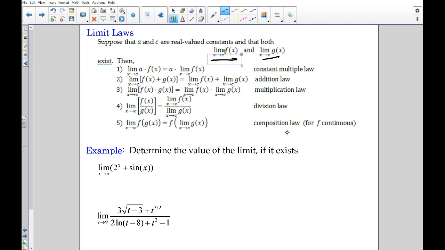I will also mention that if we have powers, we can actually migrate the limit inside of the power. So we could say limit as x approaches c of x to the n is the same as the limit as x approaches c of x, all raised to the nth power.